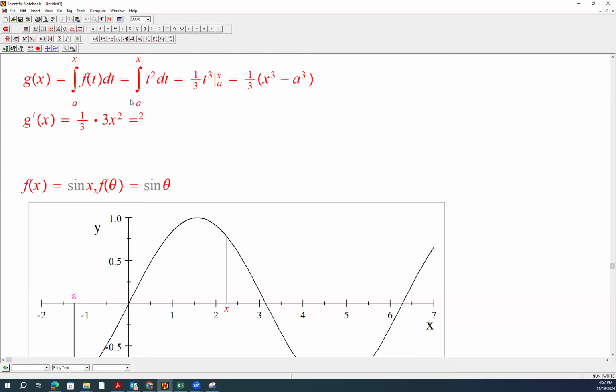I'm sorry, this is going to be x squared. So once again, we have demonstrated this. Even though this is not a proof, these are verifications to help us understand the fundamental theorem of calculus part 1. Let's look at another example.